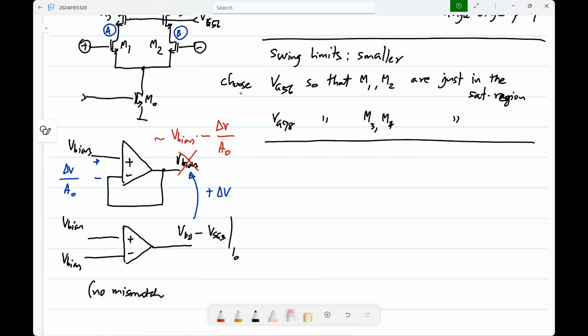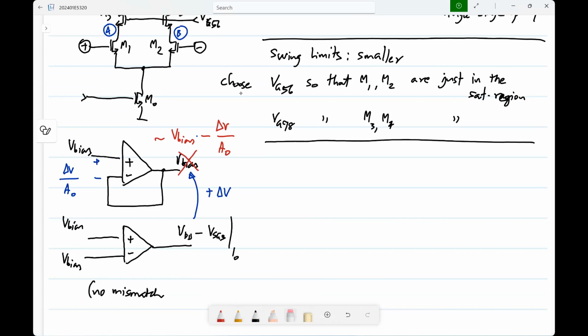Okay. When you put it in feedback, of course, it should be governed by feedback. Ideally, of course, there will be a virtual short and you will have whatever you get from the ideal op-amp analysis. In reality, that virtual short will not be perfect because of the finite gain also. There are many reasons why the virtual short is not perfect. One, of course, is random offset.